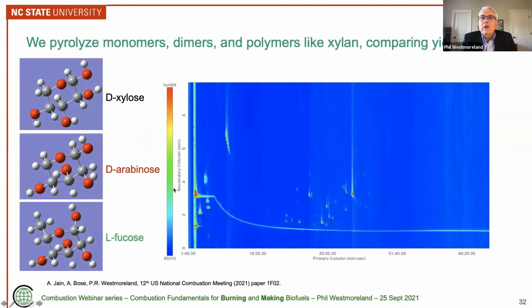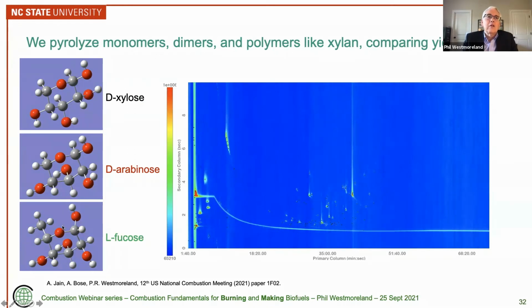So by looking at that, and again, taking things like monomers, but as well as dimers and polymers, we can take these different sugars that are almost the same. Just glancing at it may be hard even to see. The difference between D-xylose and D-arabinose is the position of OH relative to the rest of the ring.